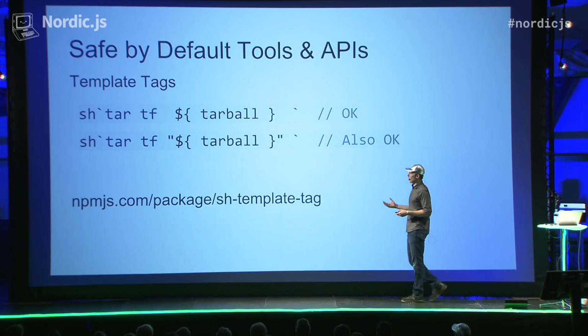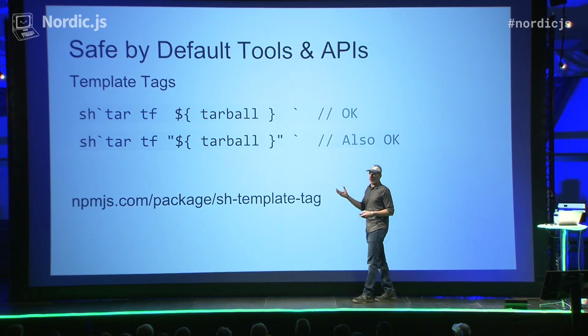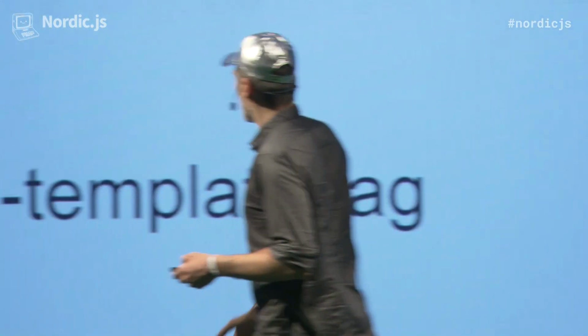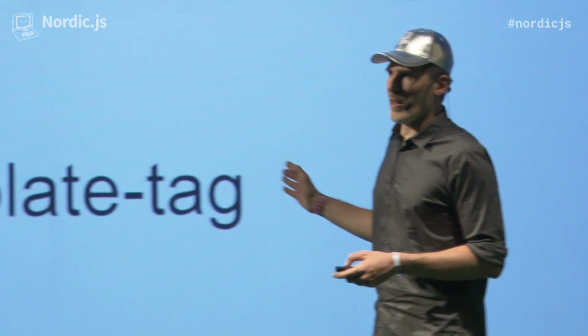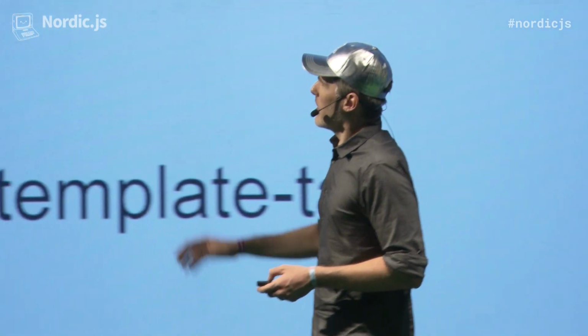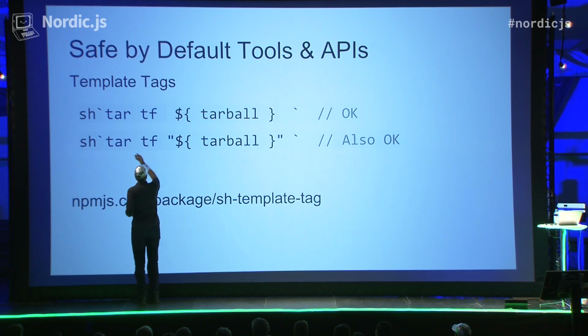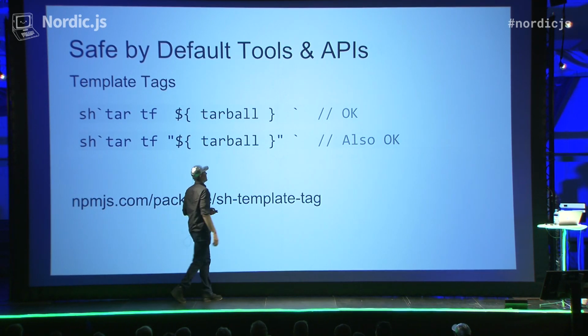This works for other places where critical strings leave the system. So I wrote the sh template tag, and what that does, you write sh backtick. This is a tagged template.